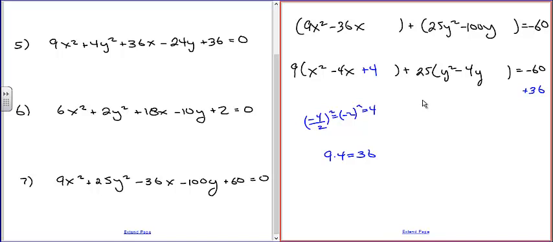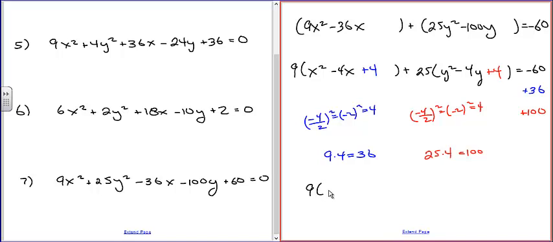Oh yeah, these are both negative, so that's right. So we get the same thing here. Negative 4 over 2 squared, negative 2 squared, 4. Add 4, but really we're adding 25 times 4, which is 100. So we're going to add 100 to both sides.